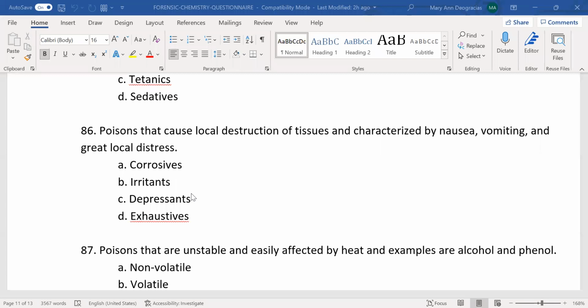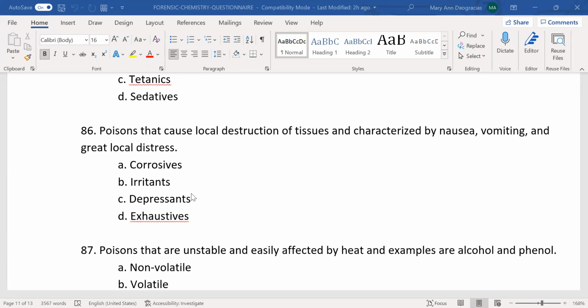So, destruction. Nasusunog. There is one nephew of one of my former friends, kasi wala na kaming communication. Uminom ng liquid sosa.